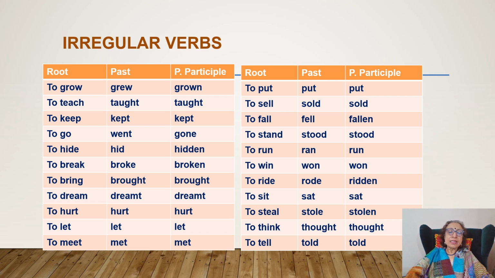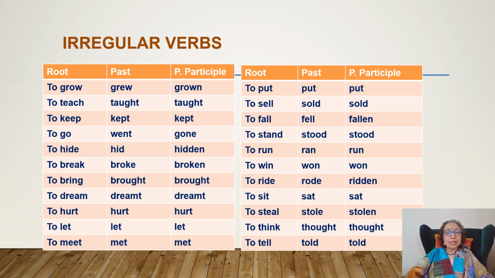Then hide, hid, hidden, different form. Then you have break, broke, broken, different form. Bring, brought, and brought, same form, but not ed ending, so it is irregular. Dream, dreamt, dreamt. Again, the same form, but not ed ending.